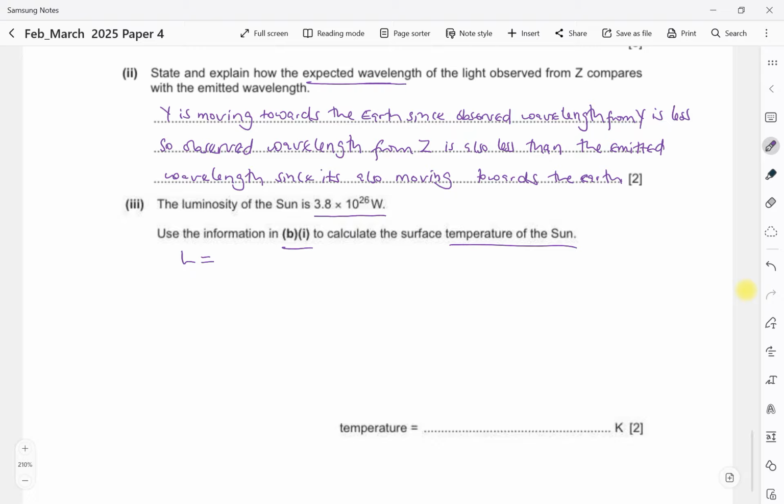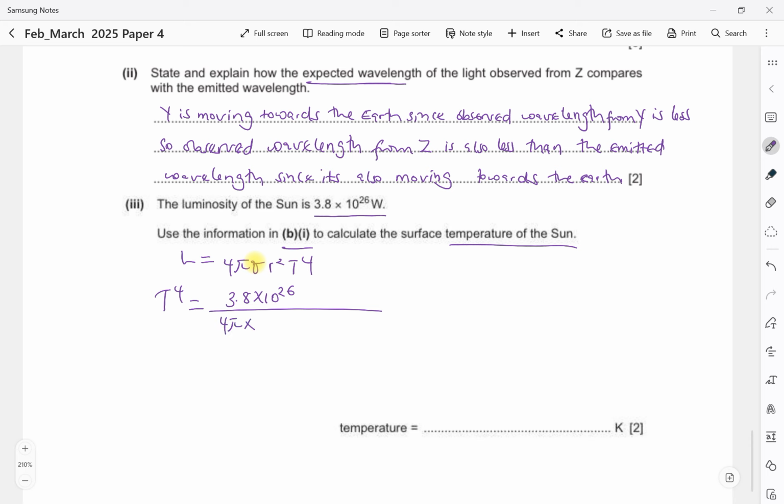Luminosity is given as 4 pi sigma r squared T to the power 4. It's given in the list of formulae. So making T to the power 4 the subject, this is going to be the luminosity, which is 3.8 times 10 to the power of 26 watts divided by 4 pi.